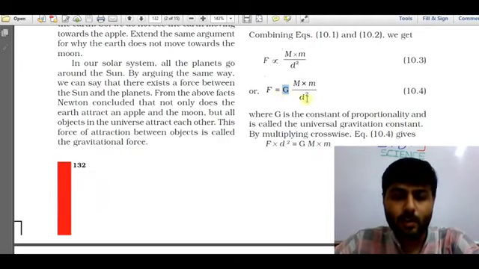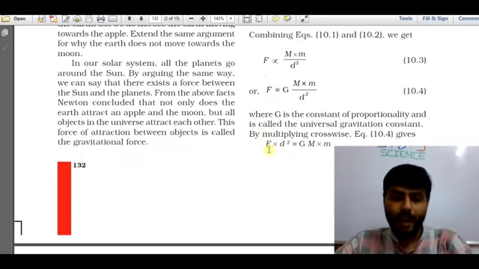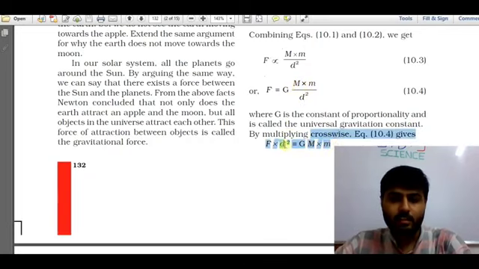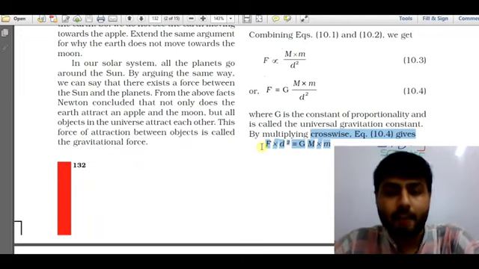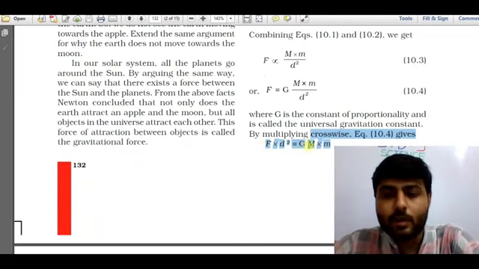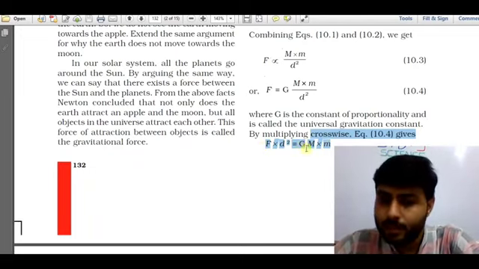So this d square will be multiplied with F. So here we have F into d square is equal to G capital M into small m.